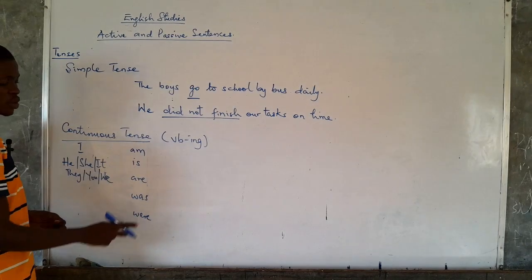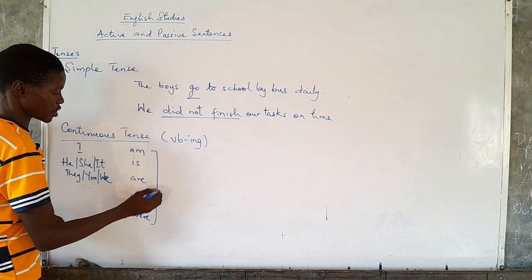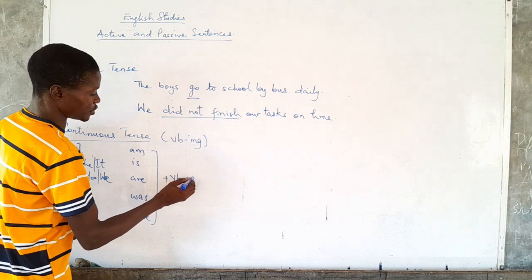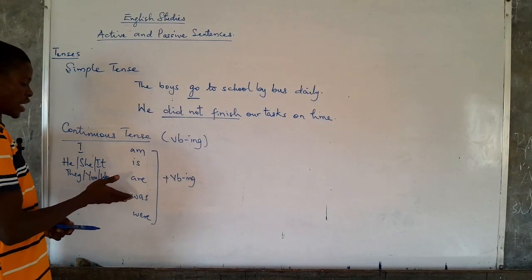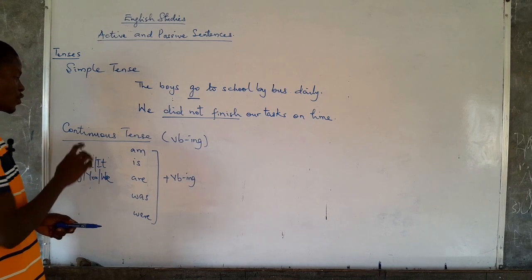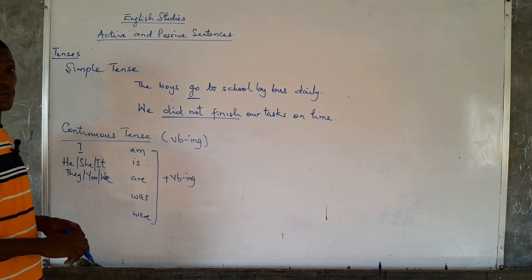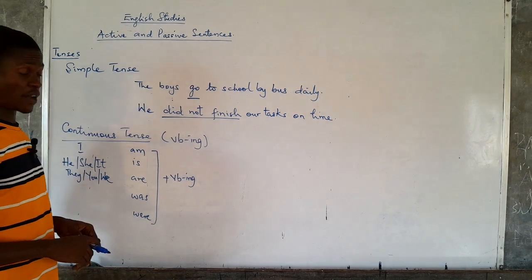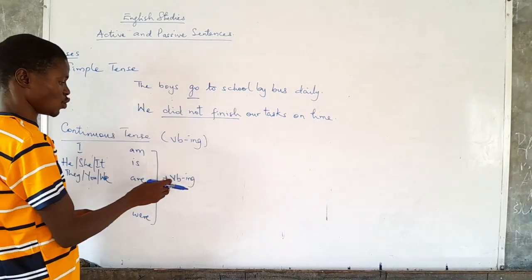Anywhere we use any one of the following verbs with a verb ing, with any of these, basically we are talking of continuous tense. We are going to utilize each one of these when we get to the second episode of active and passive sentences. Let's consider the verb ing that will go with this one now.